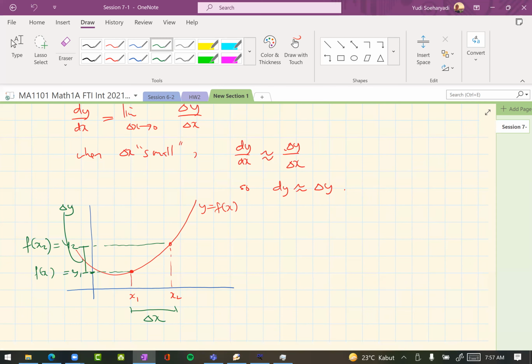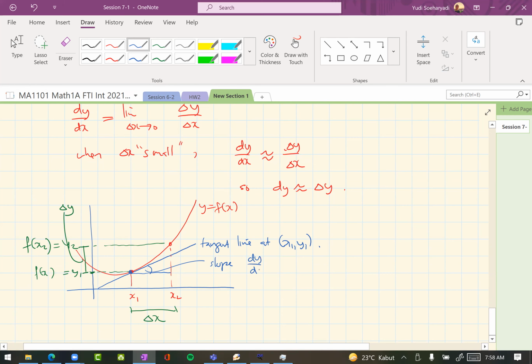Let's draw the tangent line at x1. When we compute this, this is the slope, f prime.